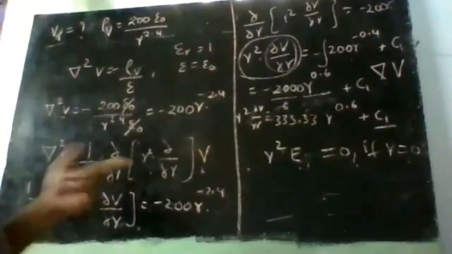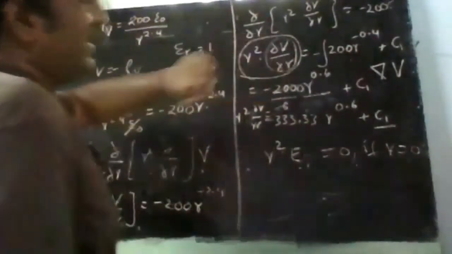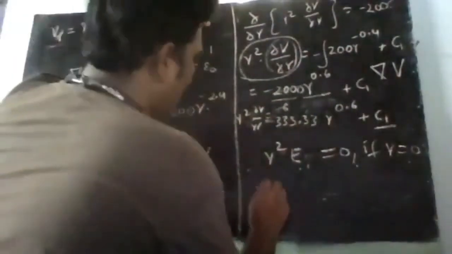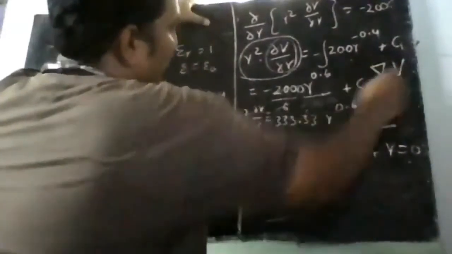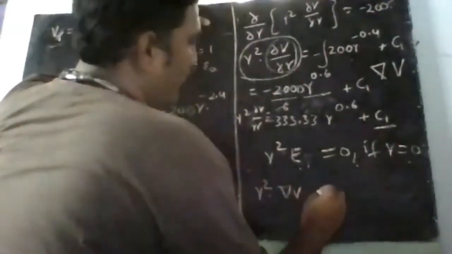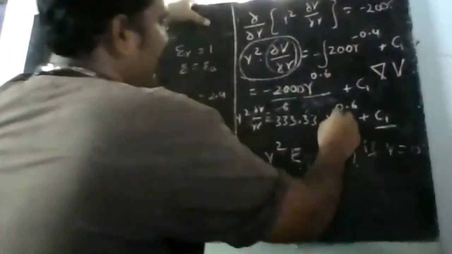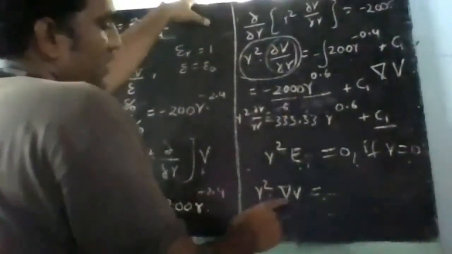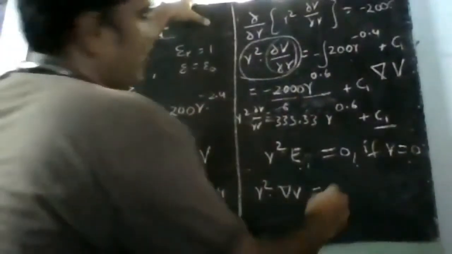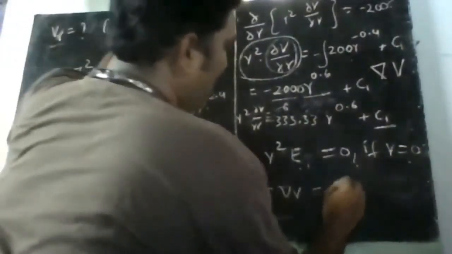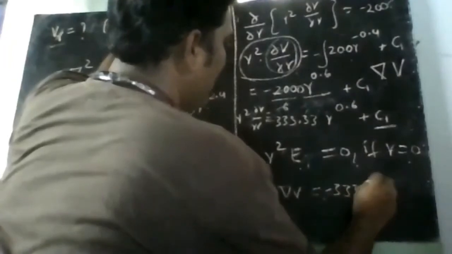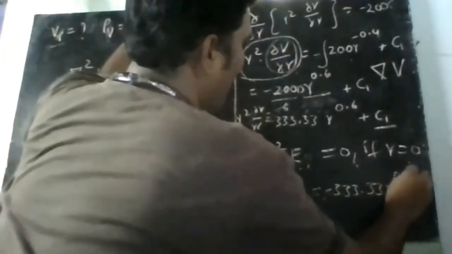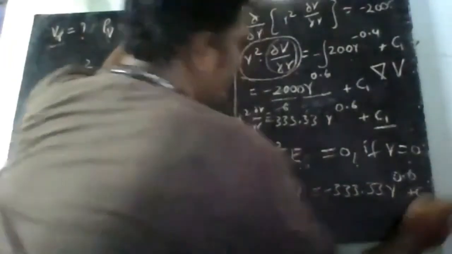So R square into dV by dr is basically R square into del V, which is equal to, what is the value I got? Minus 333.33 into R power 0.6 plus C1.